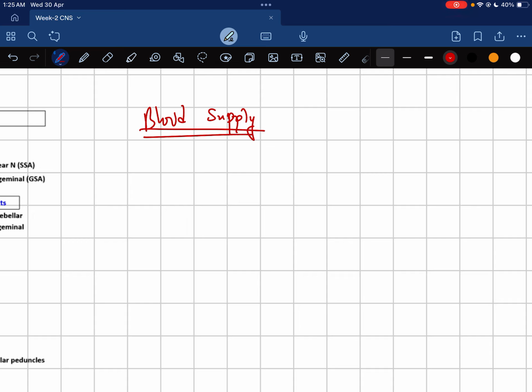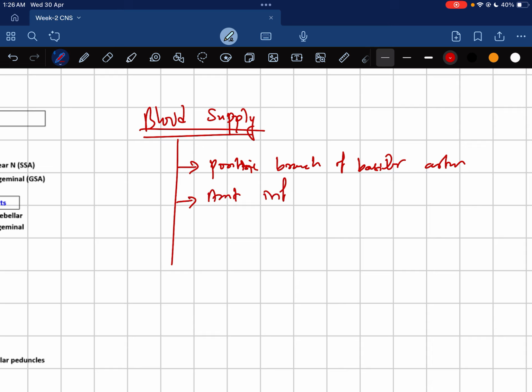For the pons, there is an arterial supply: numerous pontine branches of the basilar artery, then the anterior inferior cerebellar artery, then the superior cerebellar artery.